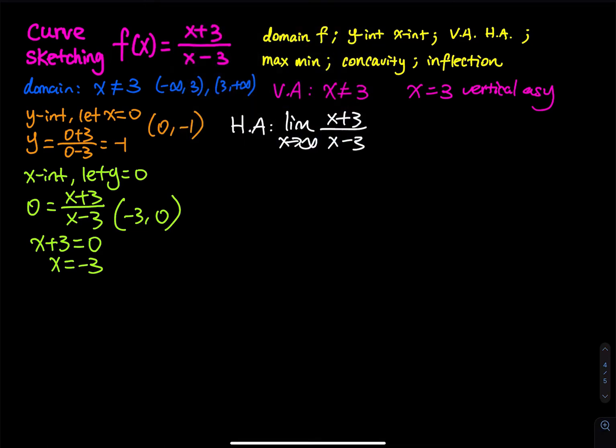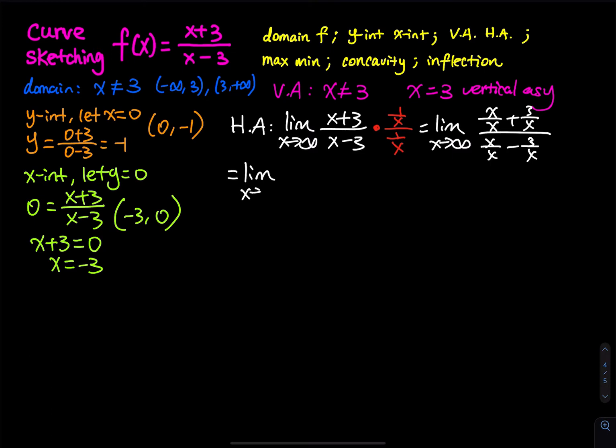Let's not use blue, let's use red. I will just multiply 1 over x on top and 1 over x on the bottom. So that means I am going to divide each term by x. So we have limit as x approaches infinity, x divided by x plus 3 divided by x, over x divided by x minus 3 divided by x. And then we have limit as x approaches infinity of 1 plus 3 divided by x, over 1 minus 3 divided by x.